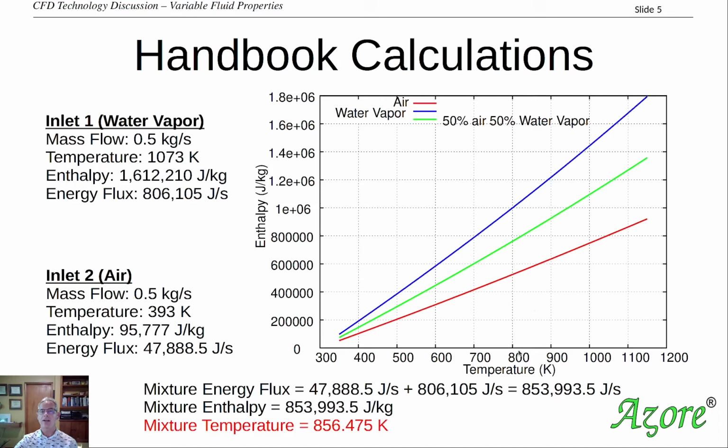We would expect a temperature somewhere between 800 and 900 degrees Kelvin. And actually, if you do it very precisely, you would come up with a value of 856 degrees Kelvin. So now we really know the average temperature, from an energy balance standpoint, that we should expect before any energy transfer takes place in this system.